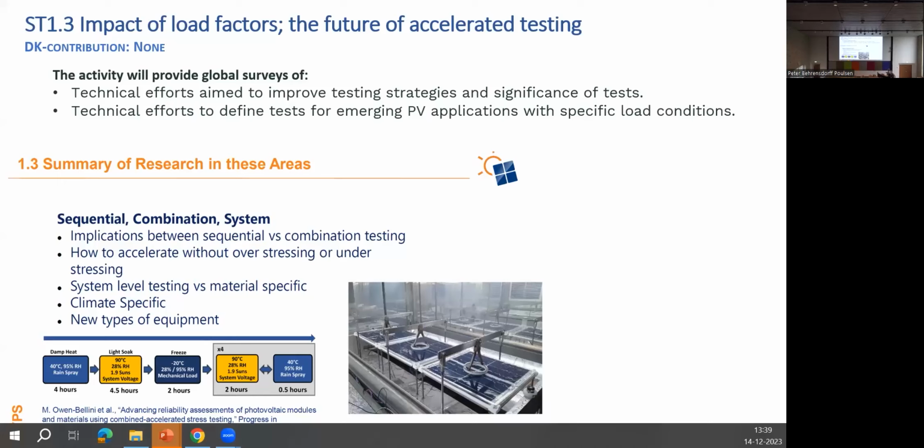So that's the topic of this subtask 1.3, and it's also about how to combine different stress tests in sequence or in combinations to make sure you get around the most likely problems that might occur with a module under the given installation conditions.